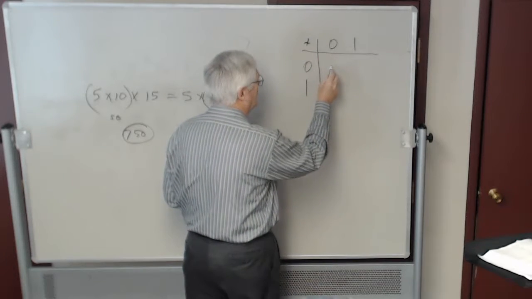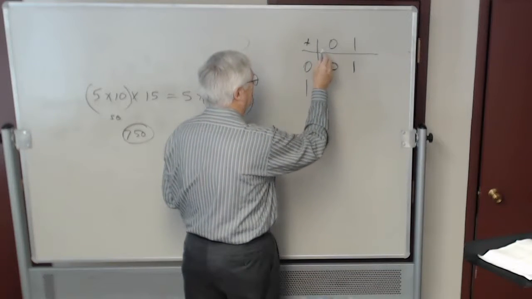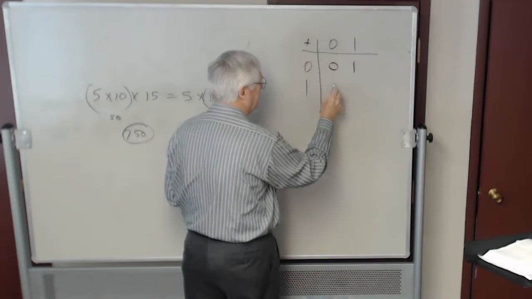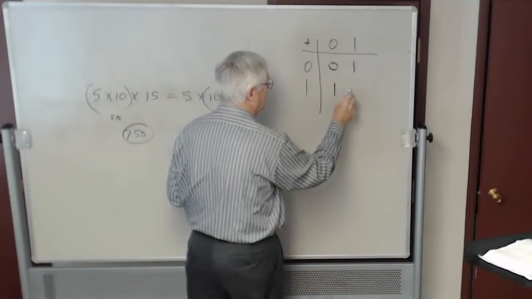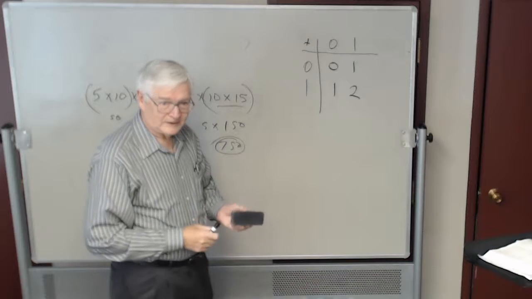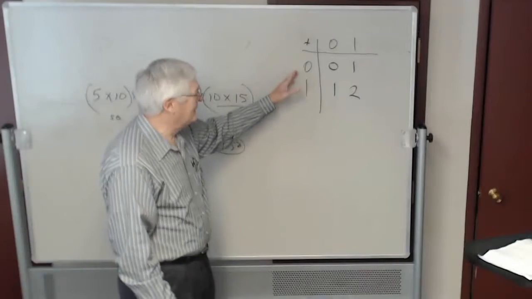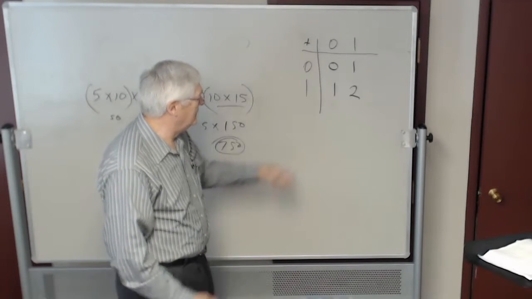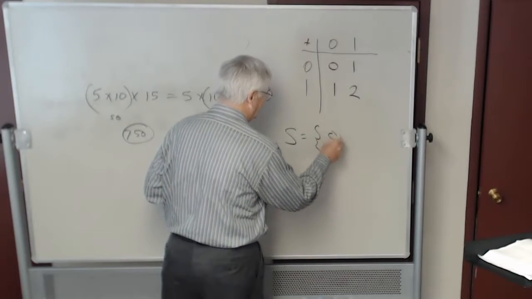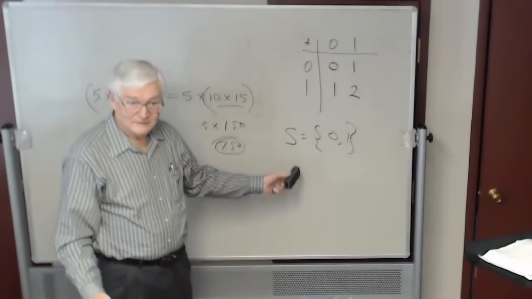What's 0 and 0? 0. What's 0 and 1? What's 1 and 0? What's 1 plus 1? 2. Is it closed? No. What do you have to get if it's going to be closed? If S is your set, 0 and 1, then all of your answers have to be 0 and 1.